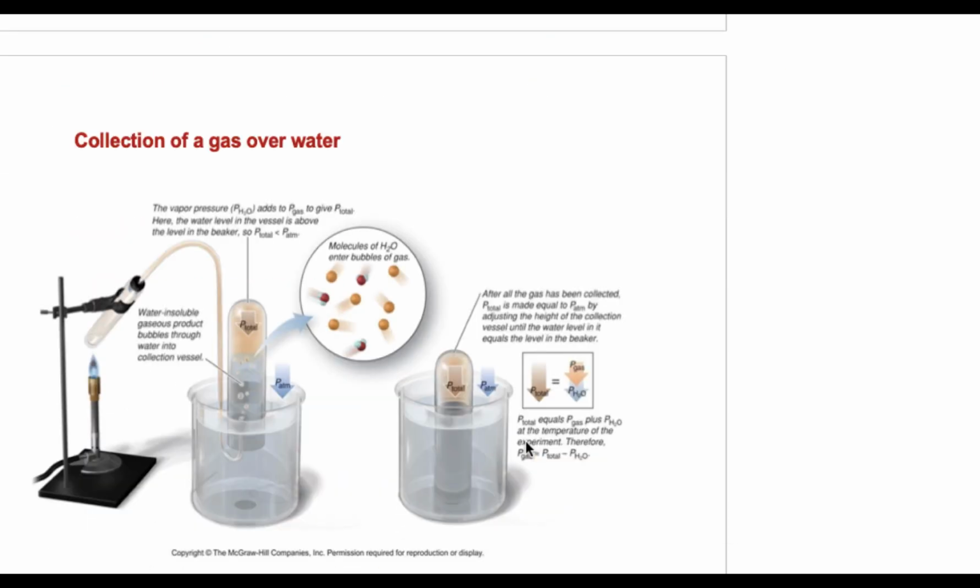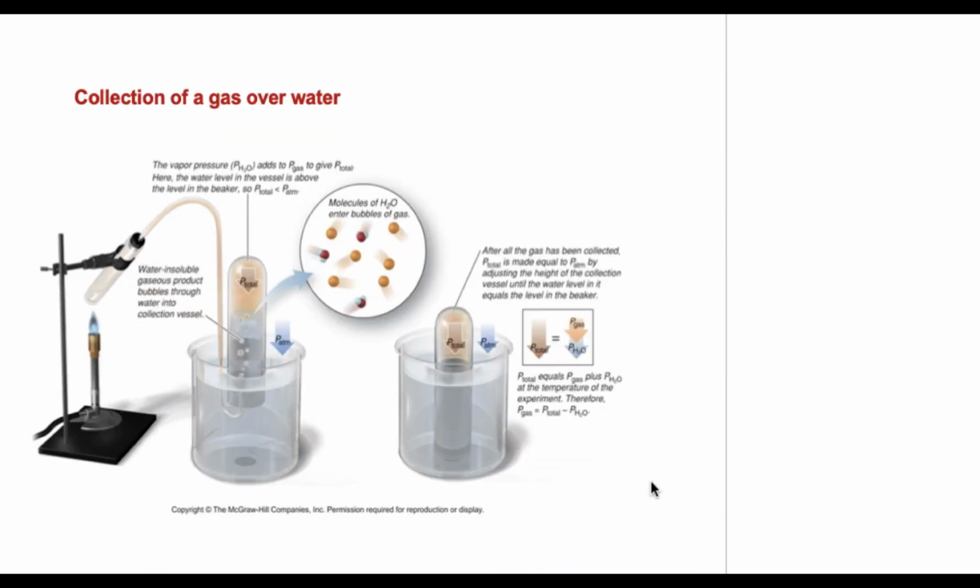Another problem I'd like to do is one that includes collection of gas over water. So I think you've done one of these in the lab. Basically, we have a gaseous product that is insoluble in water, and it's bubbled through water, and then it's collected in another vessel.